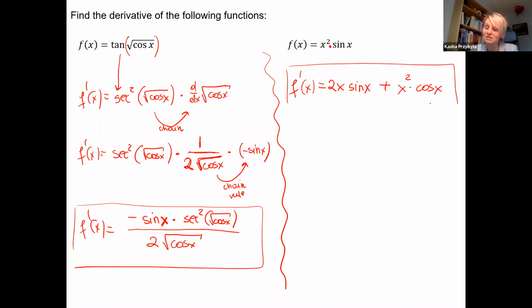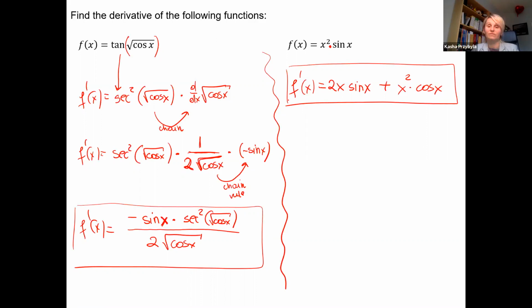Almost nothing to simplify, maybe factoring out x. That's a nice, quick and easy question. That's everything.